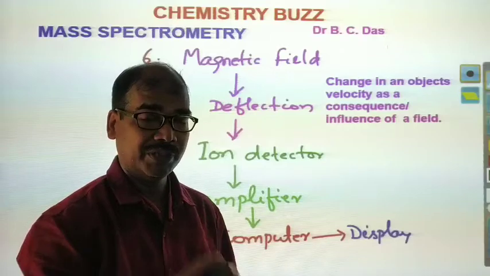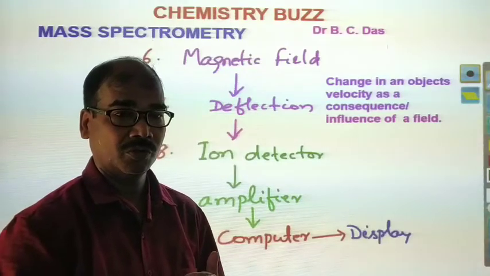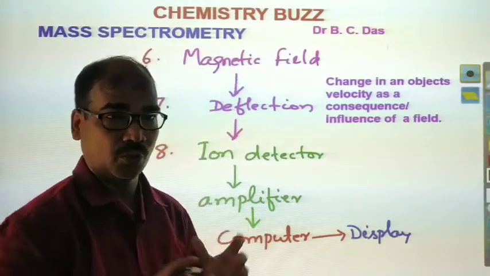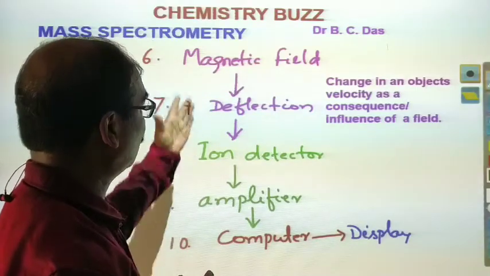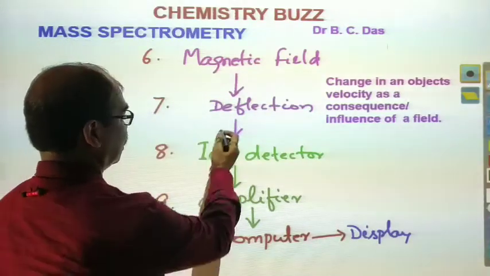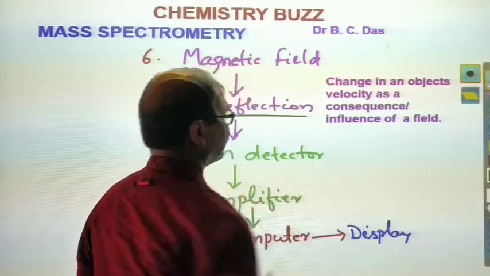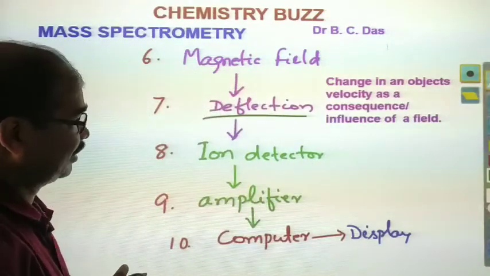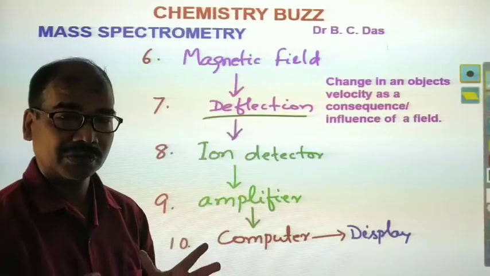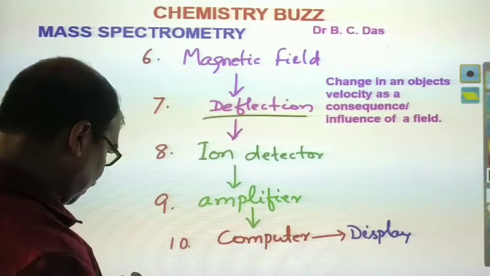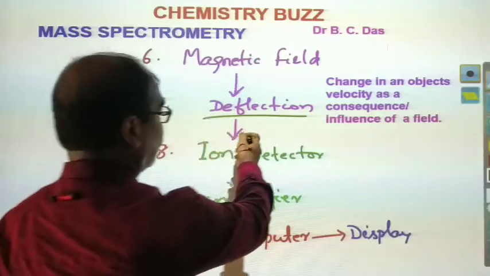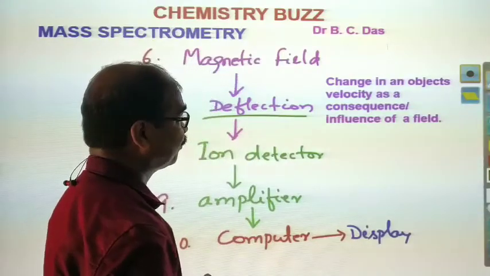In the previous video, I discussed the role of the magnetic field, which is to deflect the ions as per their mass. So what is the deflection?